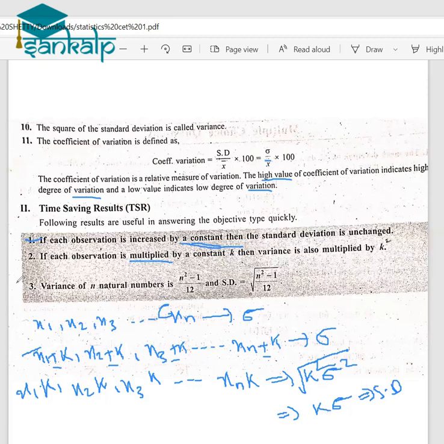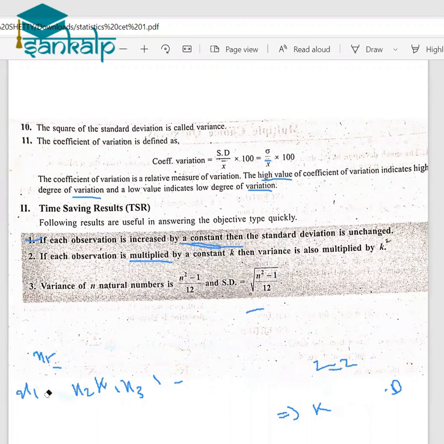And then the third result is the variance of first n natural numbers. Pay attention.